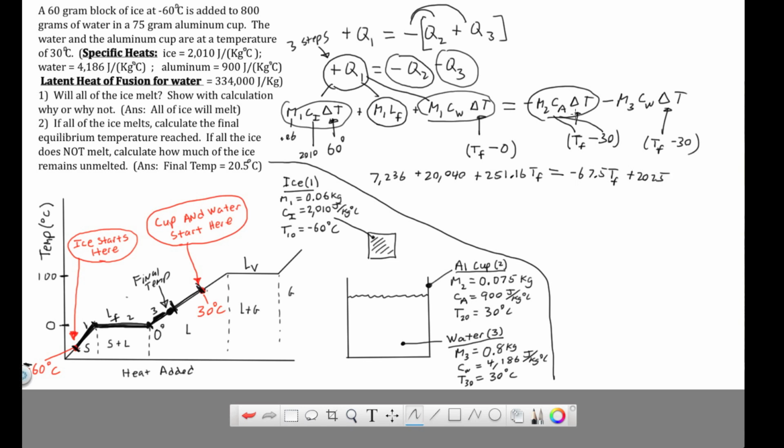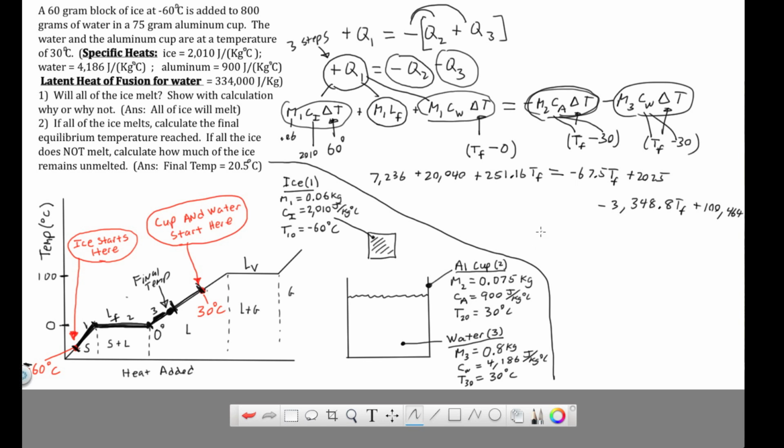So that right there is all of this distributed minus, so I'm running out of room here, minus 3,348.8 TF plus 100,464. That is this part. Again, you're distributing into that.